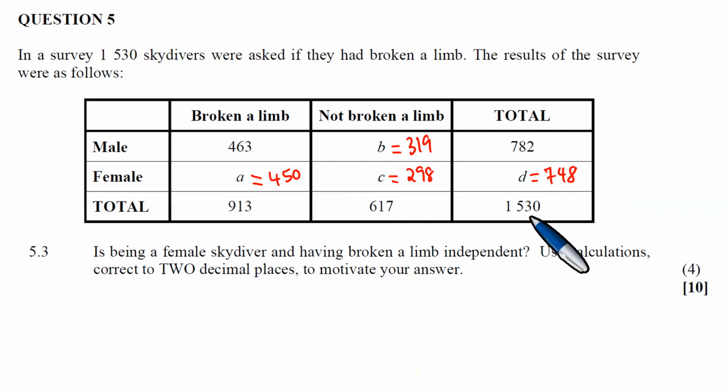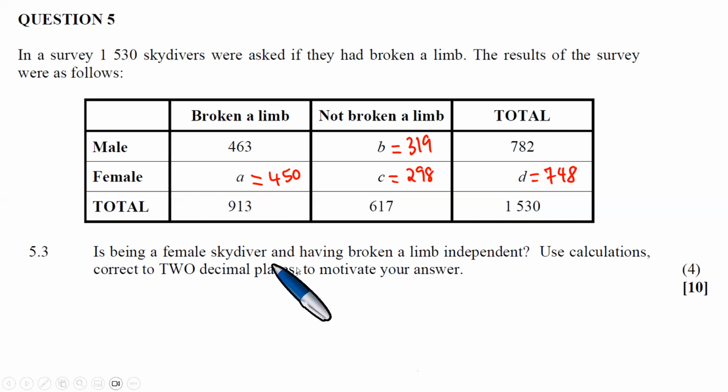So in a survey, 1530 skydivers were asked if they'd broken a limb. The results of the survey were as follows. Broken a limb, 450 plus 463 is 913. 319, 298, 617. 782, 748, you add, you get 1530. Okay.